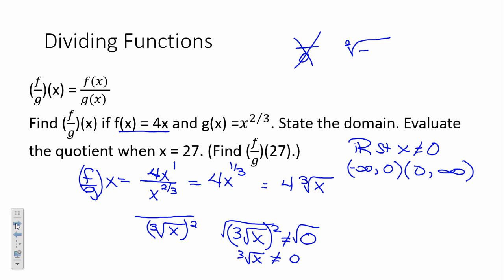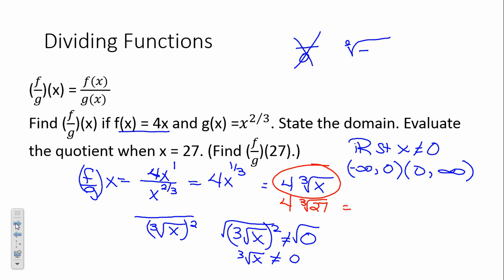Last step. It wants to know what the answer is when x is 27. So this is what we got. And we want to find f divided by g of 27. So what do we have to do? Plug it in. 4 cube roots of 27 will be what?